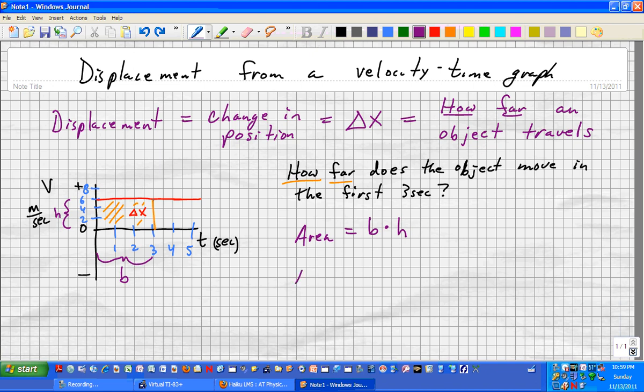Change in position is going to be equal to 3 seconds times 6 meters per second. I've got seconds on the top and seconds on the bottom, so my seconds cancel, and I'm left with meters, which makes sense because I'm looking for how far. How far would be a distance, which would be measured in meters. So this winds up being 18 meters.